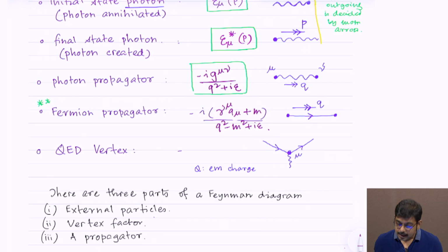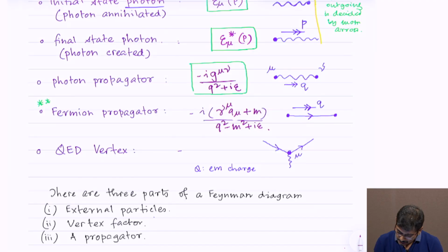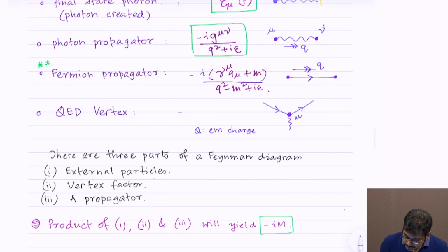Now, the last thing that we have is essentially the QED vertex, which is something that we have already seen. This is represented by the term J mu A mu, giving you the interaction between the electron and the photon. And what is the vertex factor that we usually assign? This is essentially minus i q gamma mu.